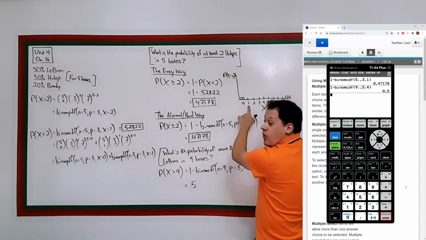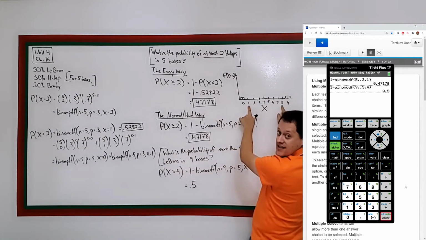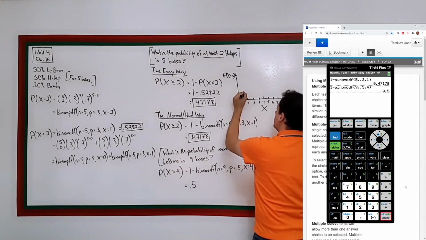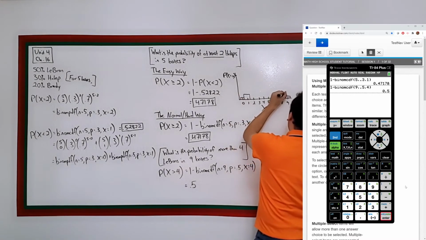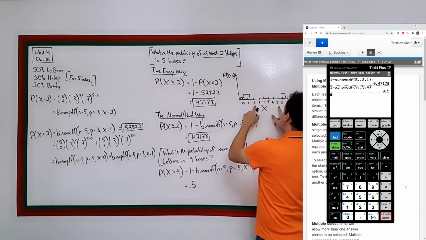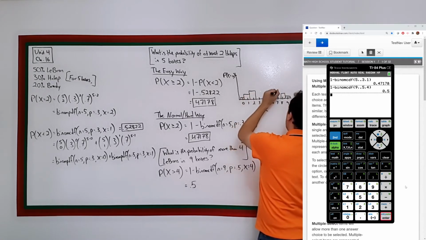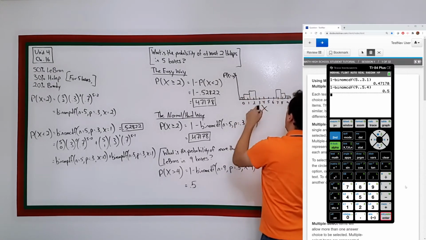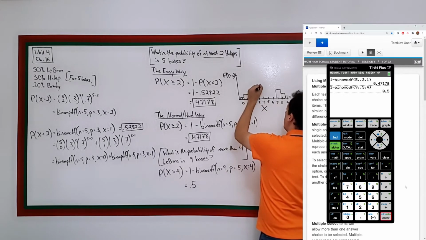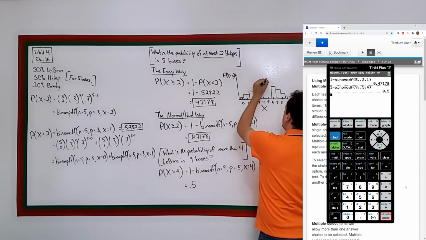The probability of getting 1 LeBron and getting 8 LeBrons is the same, and it's a little higher. 2 and 7 have the same. 3 and 6 are the same. And 4 and 5 are the same.